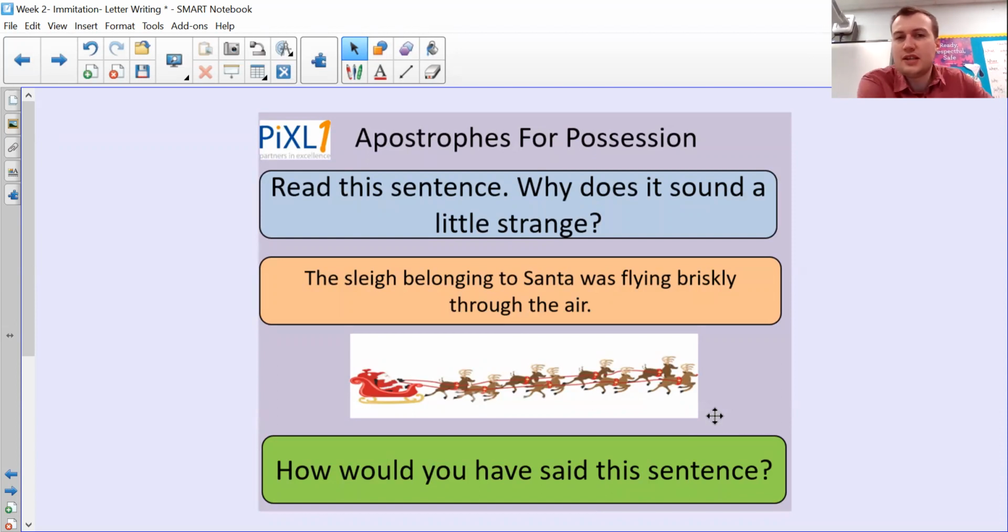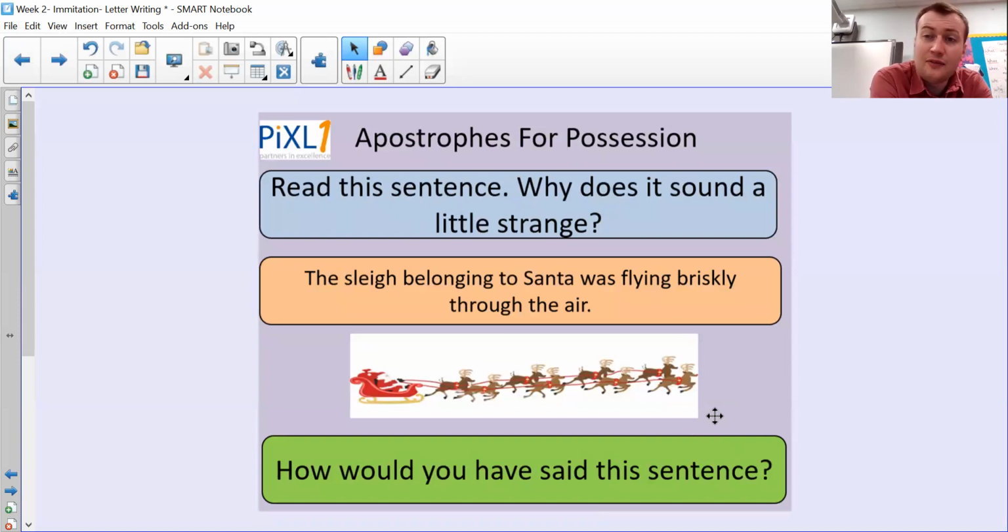So we're going to read the sentence and then have a think about why it sounds strange. The sleigh belonging to Santa was flying briskly through the air. Sleigh belonging, it's quite clunky. So how could we say that sentence? What's a better way to say that sentence? You get it? Santa's sleigh was flying briskly through the air.